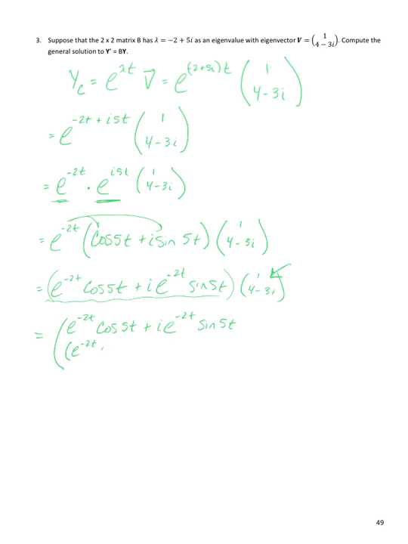E to the negative 2t cosine 5t plus i e to the negative 2t sine 5t times 4 minus 3i. And then I'm going to have to FOIL this parenthesis times this parenthesis.